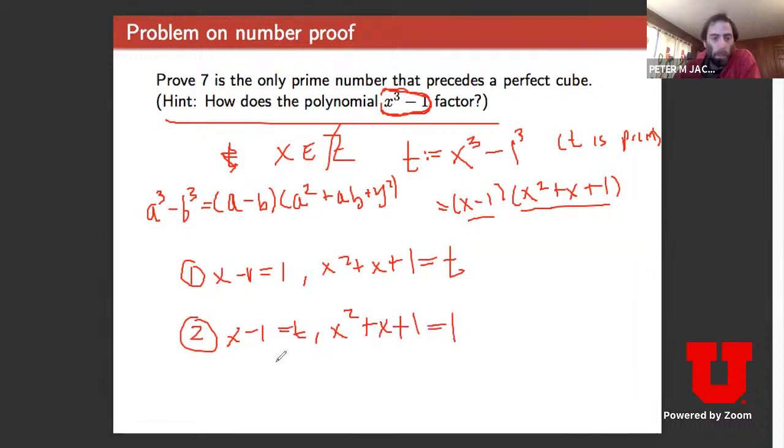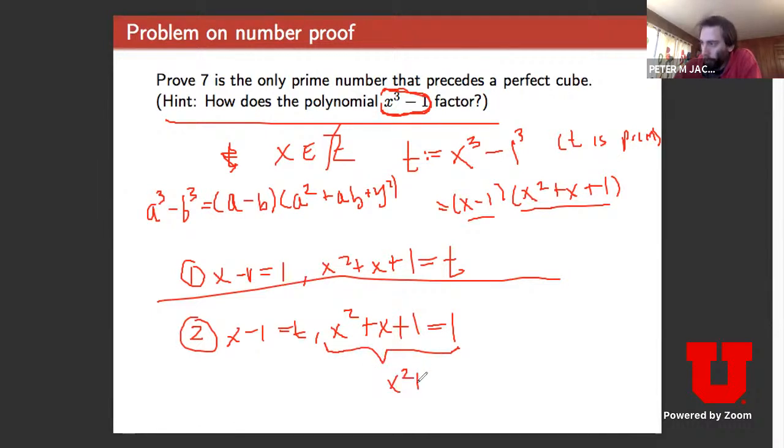Okay, so let's deal with this second case first. We know that x squared plus x plus 1 equals 1. So we can rewrite that as x squared plus x equals 0. And in particular, this means that x times x plus 1 is equal to 0.